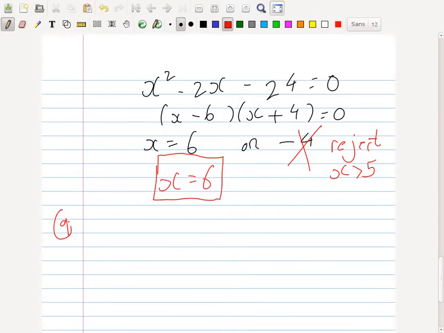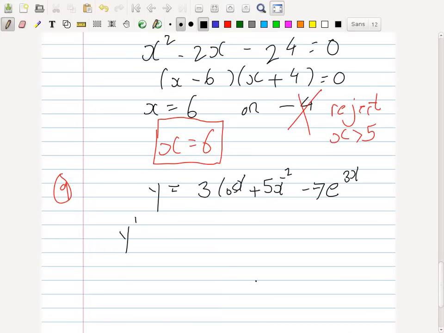Number 9 now. I give you y equals 3 cos x plus 5x minus 2 minus 7e to the power 3x, and I want the derivative when x is 1.2. So just using all the rules here, what does cos become? Minus sine.